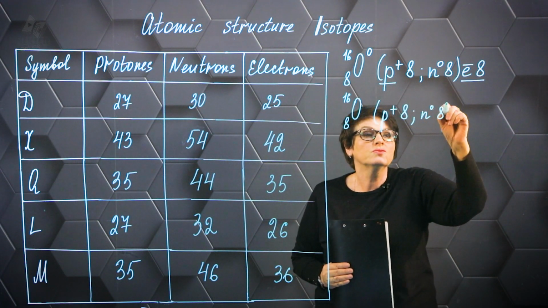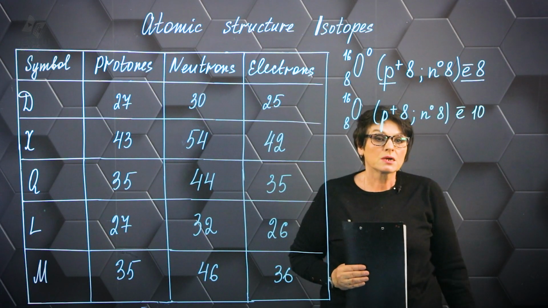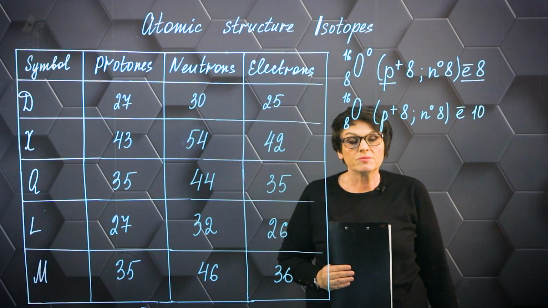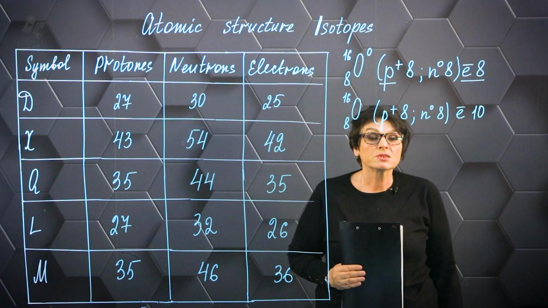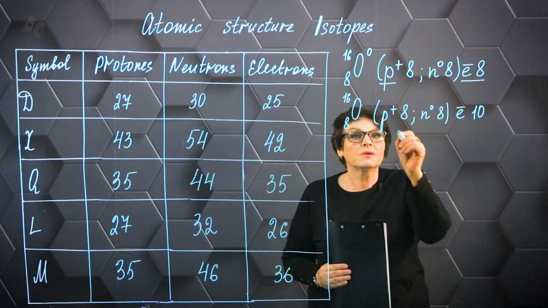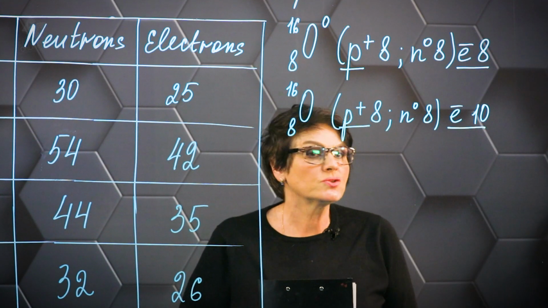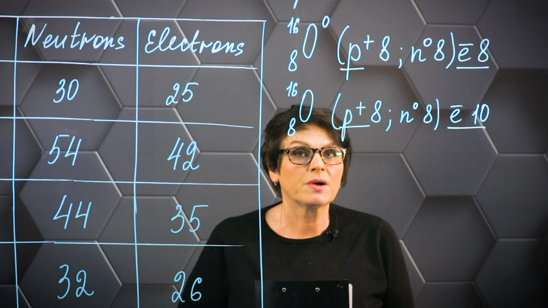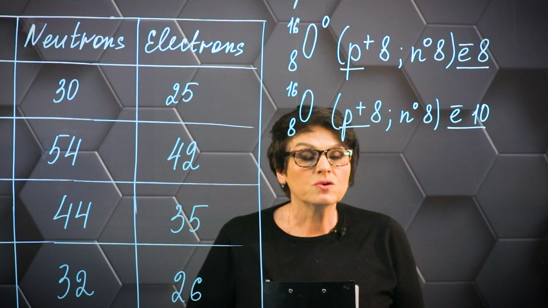For example, if oxygen takes 2 electrons in a chemical process, but then note that it does not have the same number of protons and electrons among themselves, which means that this particle will have a charge. Which charge? The charge in this case is negative, and this charge will be 2 minus. Such a particle will be called an anion.